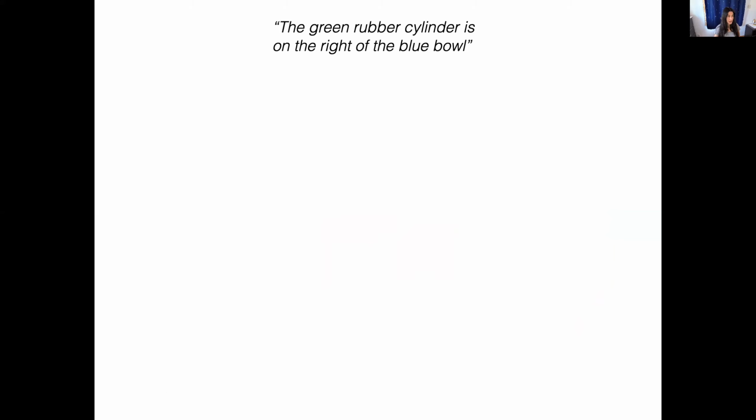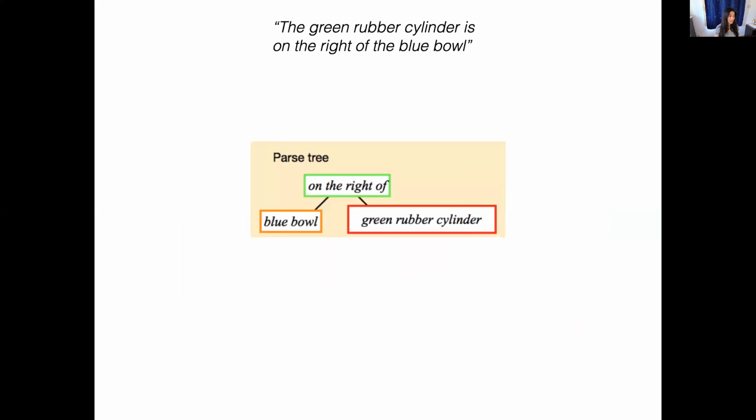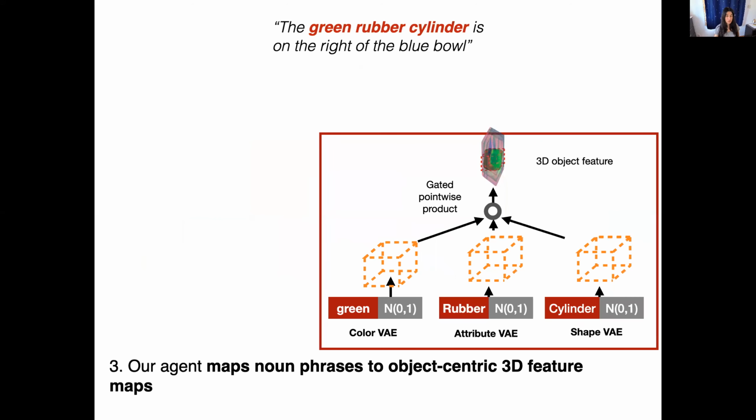Then I'll also train a semantic parser of natural language to give me the parse tree in terms of noun phrases and their spatial expressions. And then I'll use this parse tree to train compositional modular generative networks that map from noun phrases to 3D feature maps of the objects that they describe, and from spatial expressions to 3D offsets that they describe.